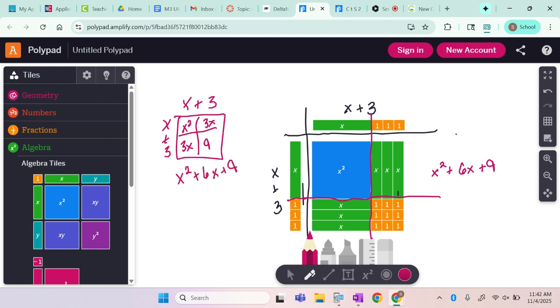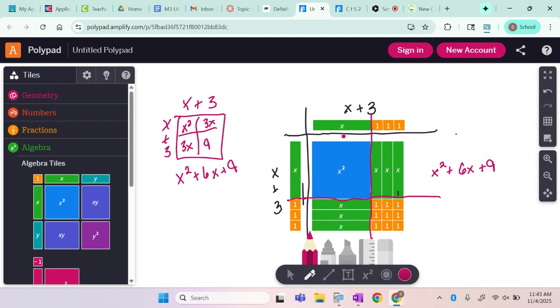Now, this is actually a square. It's not just a rectangle, it's a square. Why do you think this shape right here in the middle is a square? What's true about a square? All 4 sides are equal.